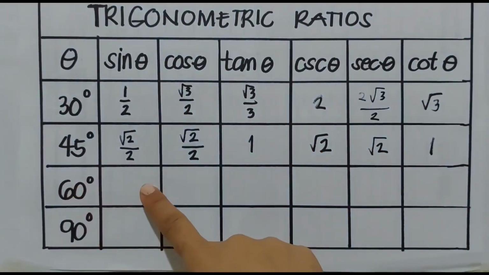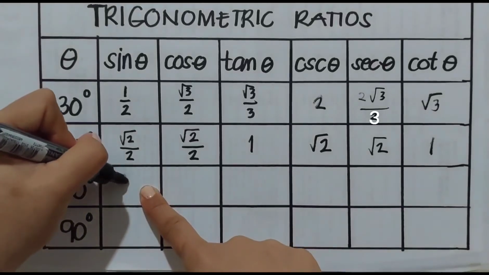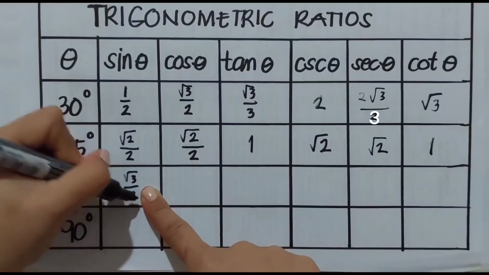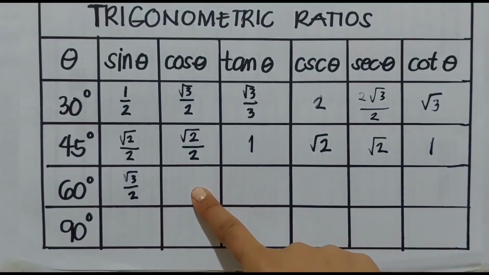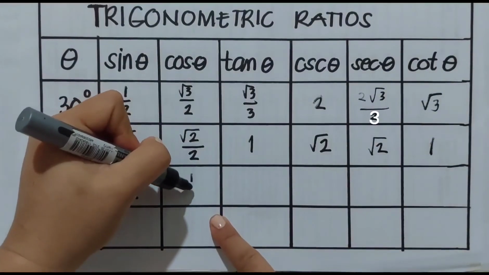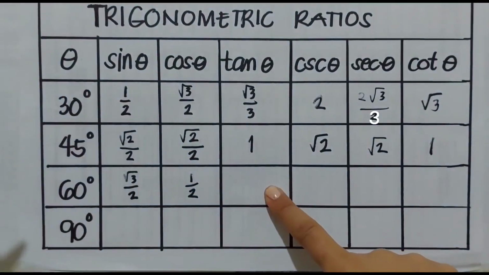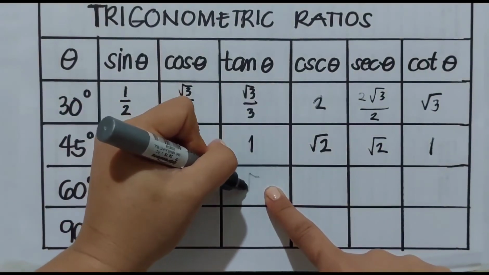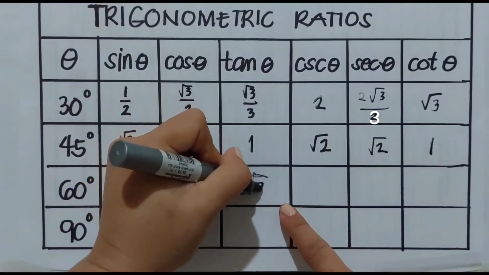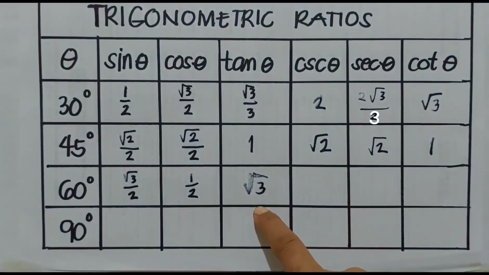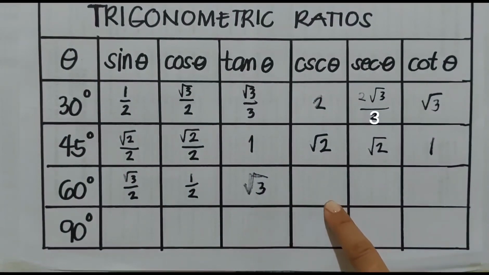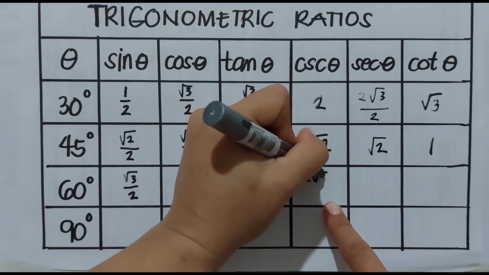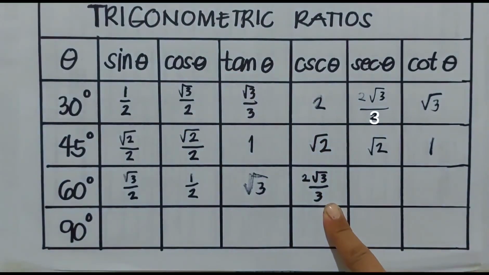Sine 60 degrees is square root of 3 over 2. Cosine 60 degrees is 1/2. Tangent 60 degrees is square root of 3. And cosecant 60 degrees is 2 square root of 3 over 3.